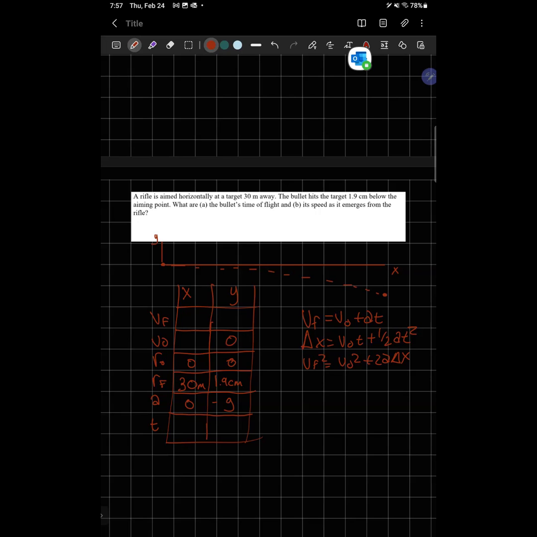And knowing that, I can solve for time using my Y components. I don't care about my final velocity, and I'm looking for time. What equation is that? The second one, exactly.